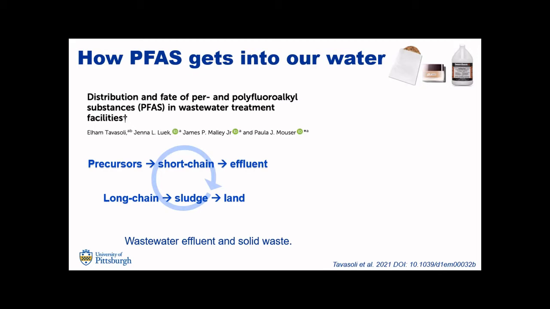For the long chain compounds that are more hydrophobic, during wastewater treatment, they'll wind up in the sludge, and then they can re-enter the environment and cycle through the application of biosolids in land use, which has turned out to be one of the more persistent ways that you can contaminate soils with PFAS.